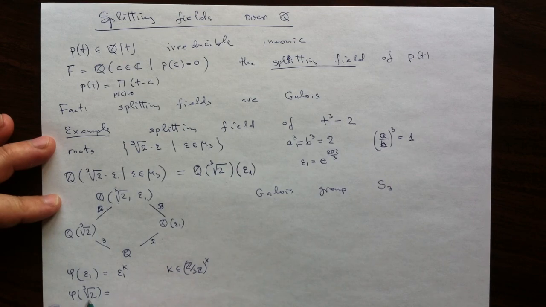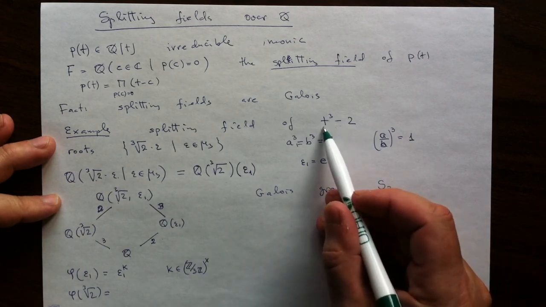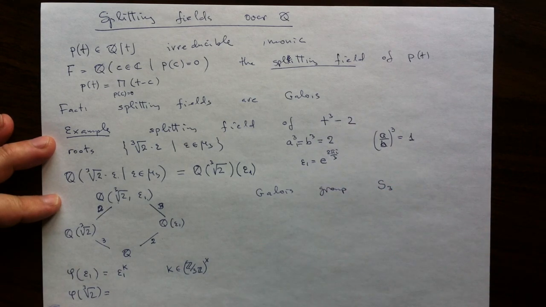So for this number, the image under some automorphism has to also satisfy the same polynomial equation as it is satisfied by, and the polynomial equation is the number cubed is equal to 2. So as a result of applying an automorphism, we have to see one of those roots. So it should be some epsilon, which is a power of epsilon 1, times the cubic root of 2.